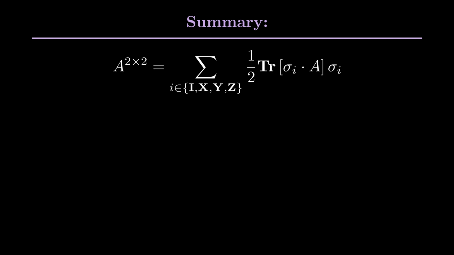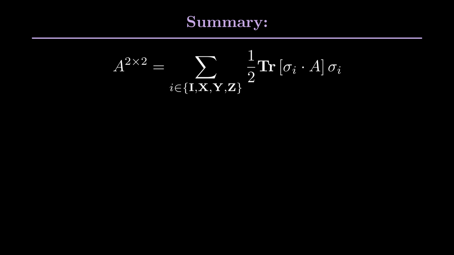To do this, let's first summarize what we've done so far. First, we looked at the simple case of a 2x2 matrix and how we can express it as a weighted sum of Pauli matrices. We then walked through a method to solve for the coefficients the hard way, by solving a system of equations.